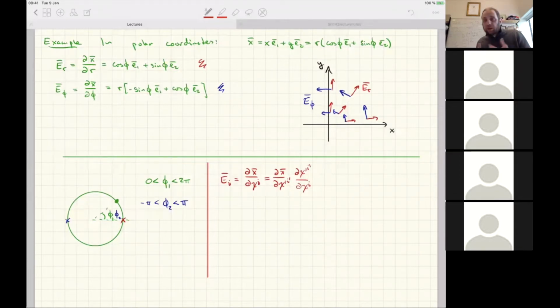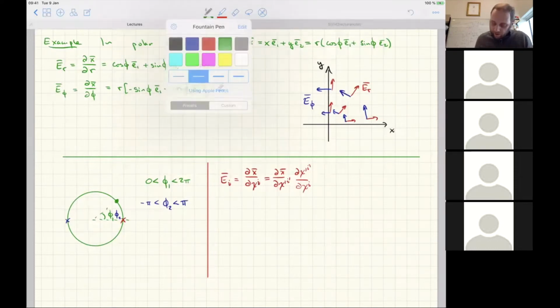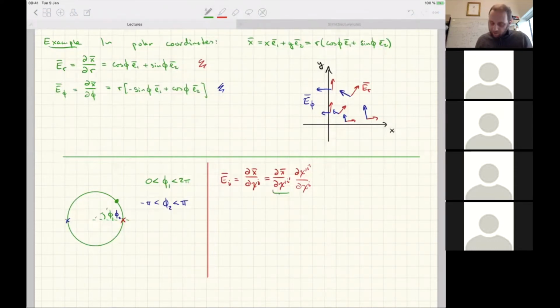Now, if you look at the definition of the tangent vector basis in the primed system, this is just E'_i'. So this is equal to this partial derivative of the coordinate functions times E'_i'. This is the transformation rule between the tangent vector basis in the unprimed system and the tangent vector basis in the primed system. So something that transforms covariantly is something that transforms exactly like this.